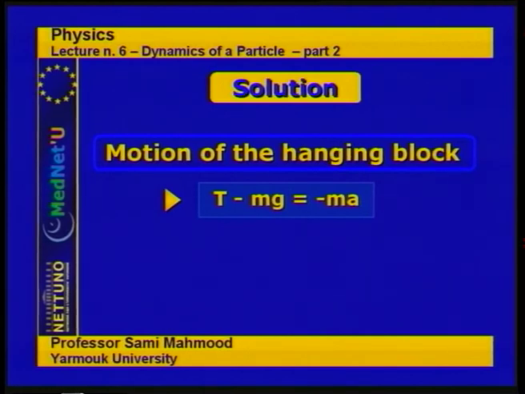We must remember that the hanging block is moving downward. That means its velocity and its acceleration are also negative. So the equation that represents the motion of the hanging block is simply T, positive because it's applied upward, minus mg, because the weight is downward, equals minus ma, because the acceleration is downward.